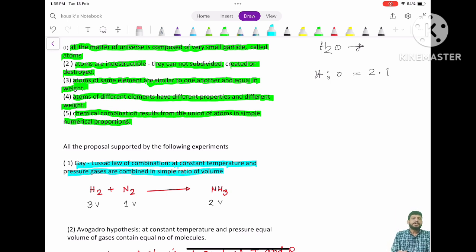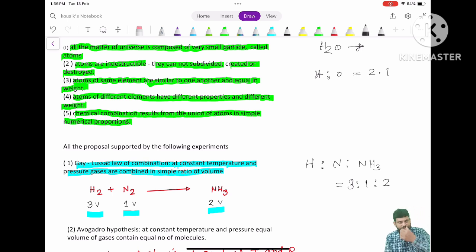The popular example is the Haber process. If we take hydrogen and nitrogen at constant temperature and pressure, the ratio of hydrogen to nitrogen to NH3 is 3:1:2. This is a simple numerical ratio.